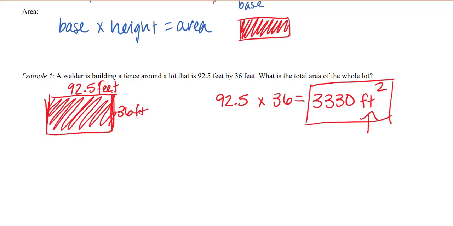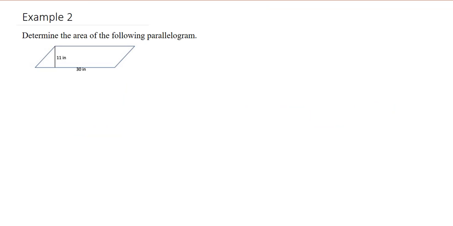Now, let's look at the second example. So we're going to determine the area of the following parallelogram. So we have a height of 11 inches, and we have a base that's 30 inches, so this whole thing here. So to find the area, we're going to go base times the height.